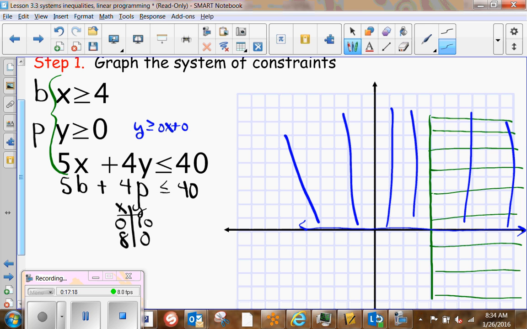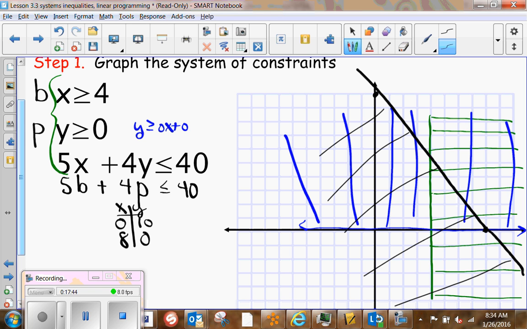Everybody follow me? All right, so let's graph that. So 0, 10 is here, and 8, 0 is here. That line is going to go this way. And we're going to shade less than or equal to that, so that's going to come down.